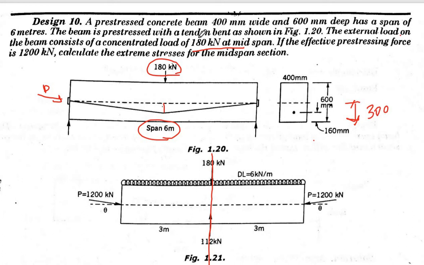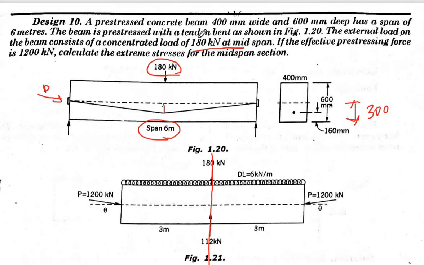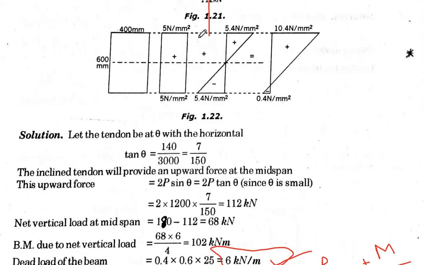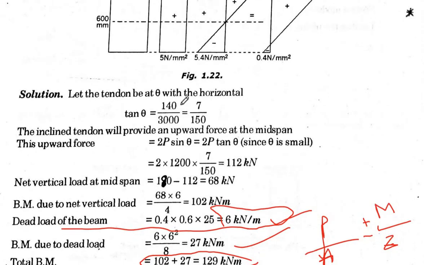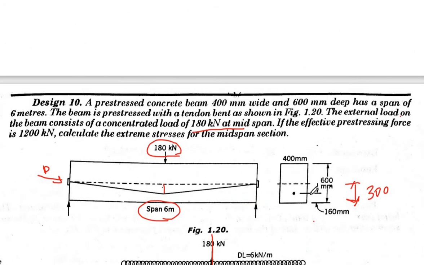In the question it should have been mentioned here, 180 kilonewton prestressing force. See here, this is 140, because 300 minus your 160 will give you this one to be 140.